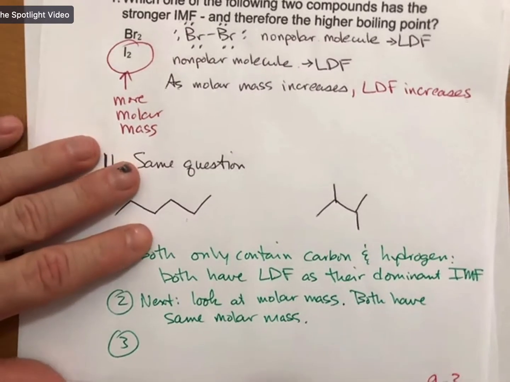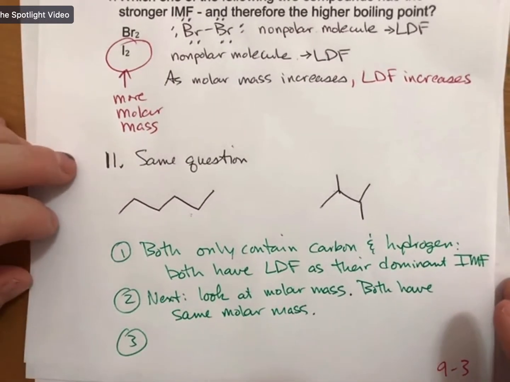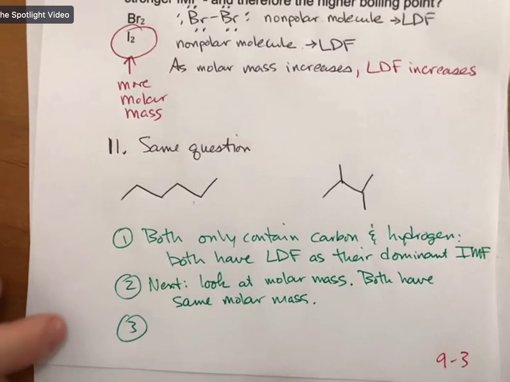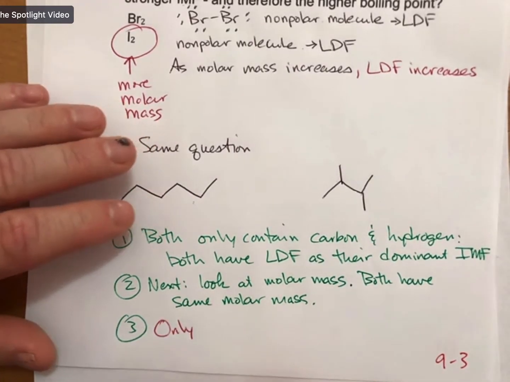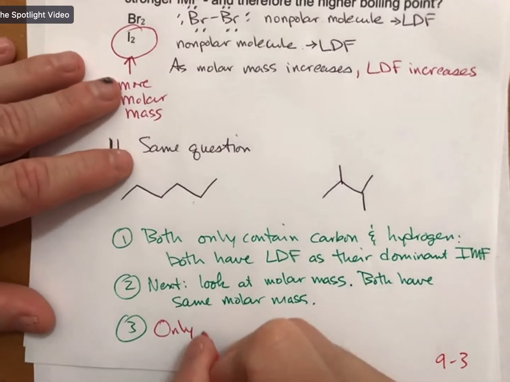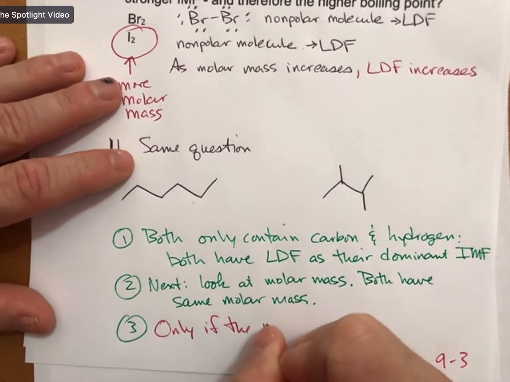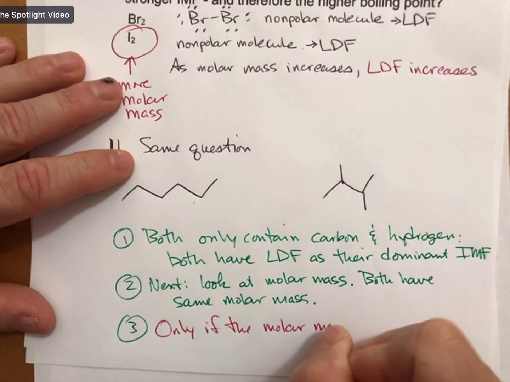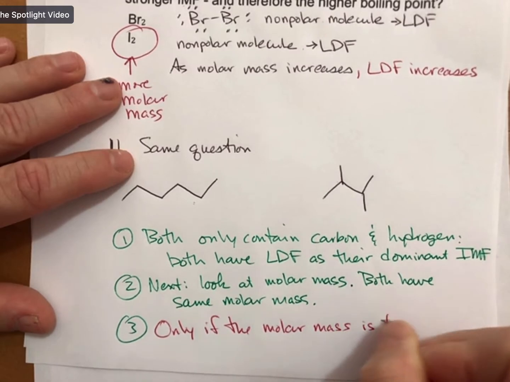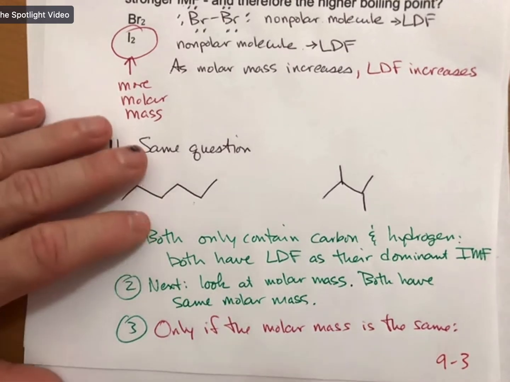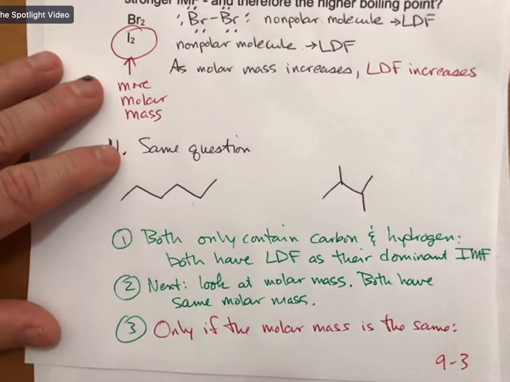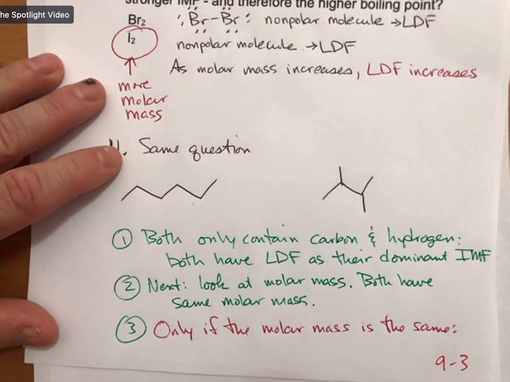And so then you move on to 3. And you only move on to 3 only if the molar mass is the same. Then the more spread out molecule, or the molecule with the larger surface area.